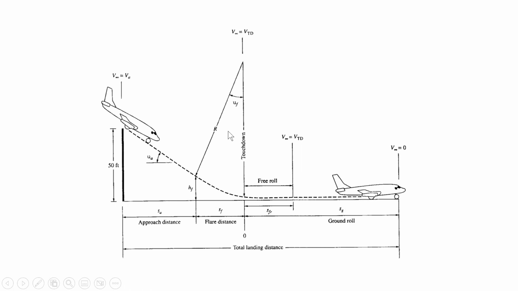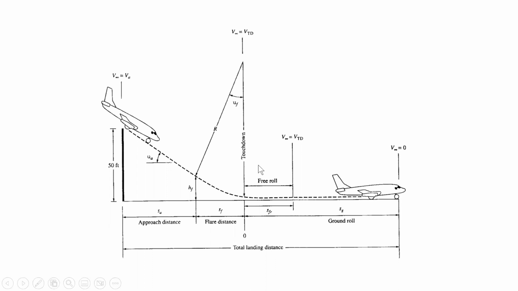And touchdown happens when the aircraft flares, basically rolls, and then the wheels at the back touch the ground. That is the moment we call the touchdown.